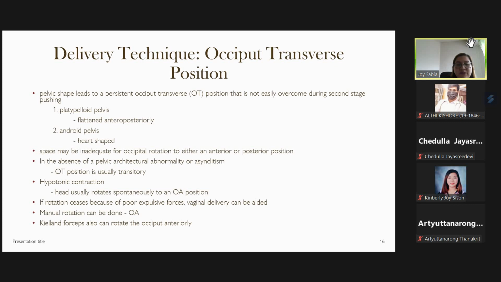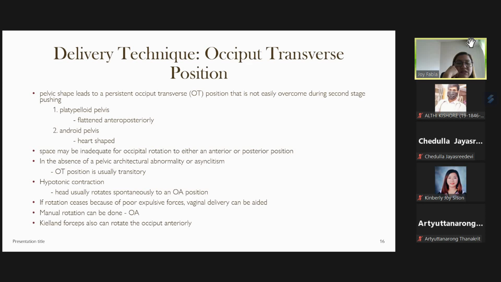In the absence of pelvic architecture abnormality or asynclitism, the occiput transverse position is usually transitory. So pwede siyang magbago. However, hypotonic contraction usually rotates the head spontaneously to an occiput anterior. So yun yung gusto natin.